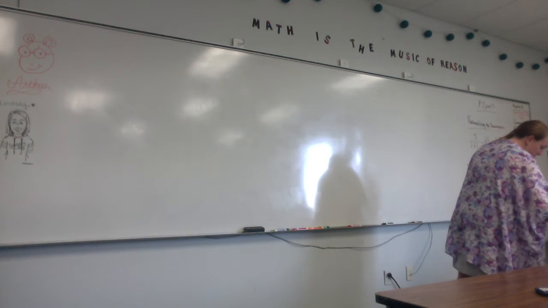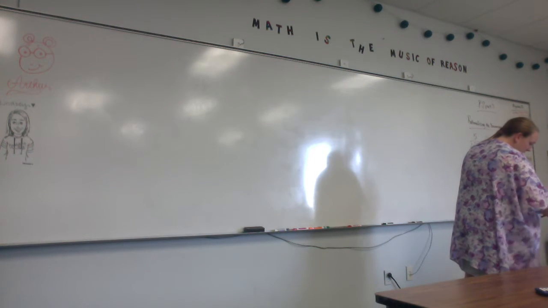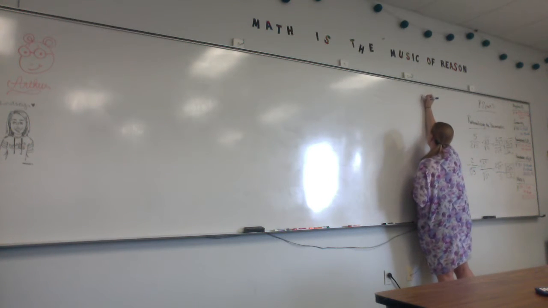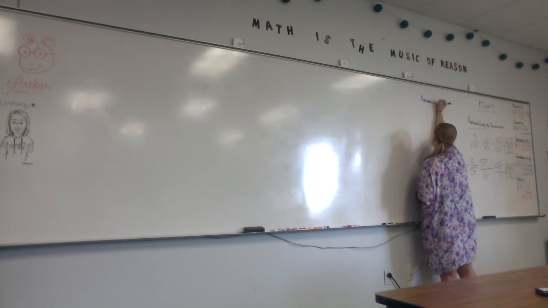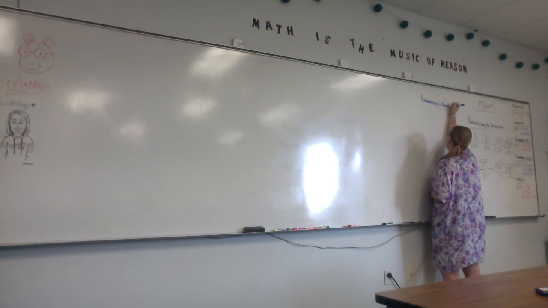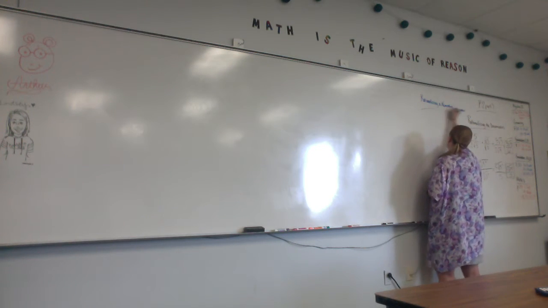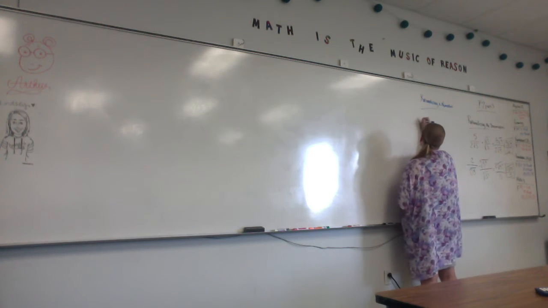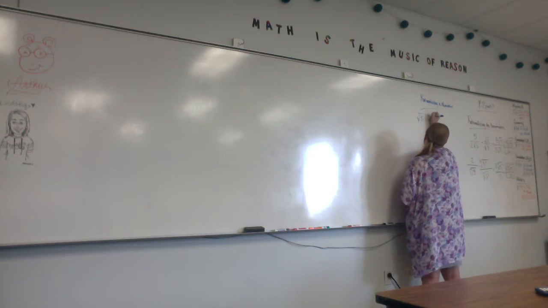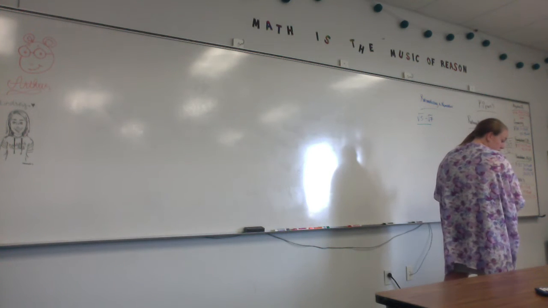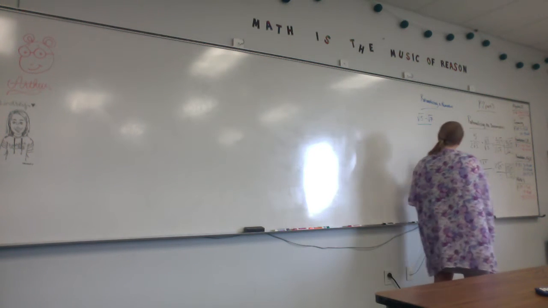Rationalizing a numerator. Radical 5 minus radical 7 over 9.